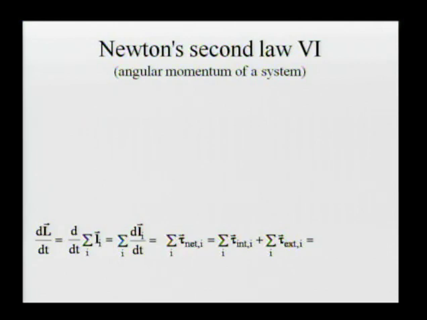So these internal torques are going to cancel out, and we will have to add only external torques on the particles. So I can write down that this is the net torque exerted on the system.